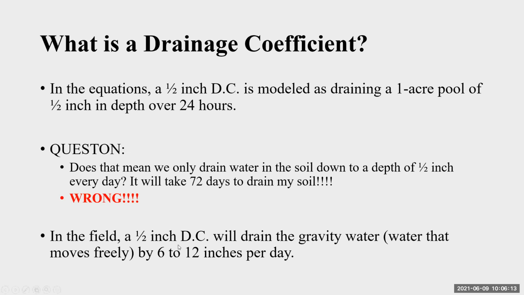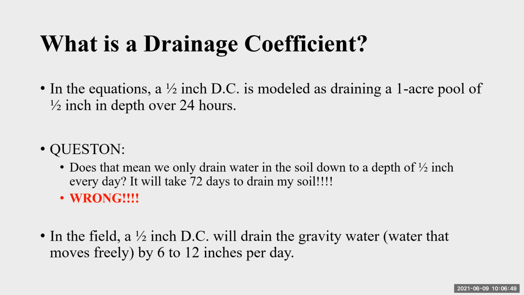But the question I always get is, does that mean that in the soil, water will only drain down 1/2 inch every single day? And no. What actually happens is that, depending on the soil type that you have, the free water that is in the soil profile, and I say free water because of the total soil volume, about 50% of the volume is solids and 50% is some sort of voids. So any water that moves into the soil has to occupy that 50% of void space.